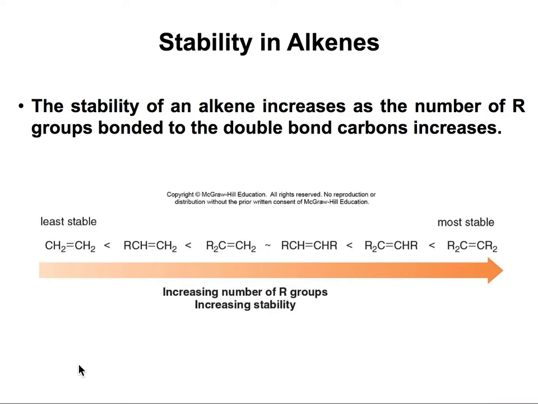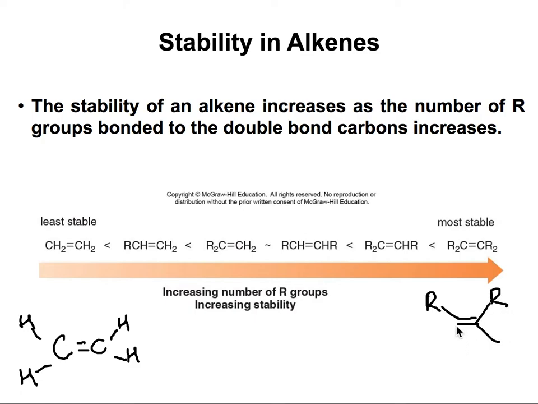Now, the alkenes will become more stable when you have more R's connected to it. So a molecule like this one, where it's not substituted at all, is going to be less stable than a molecule when you have four R's connected to it. Those R's can be the same or they can be different R's.